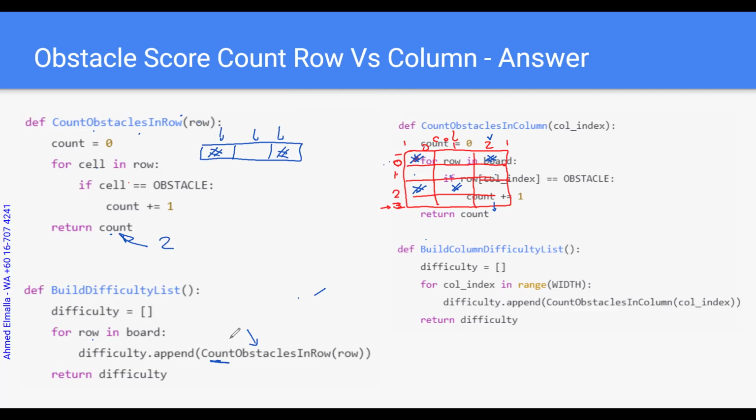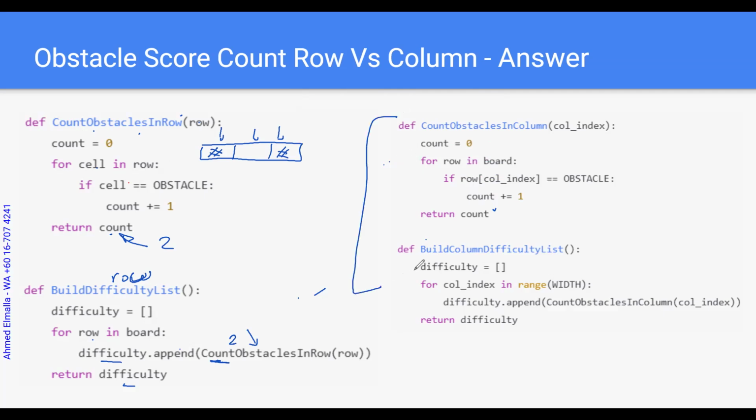So 2 will be inserted into this difficulty, which is building the row difficulty score, okay? Now, this is totally the same concept, but we will be building here the difficulty score for every column.